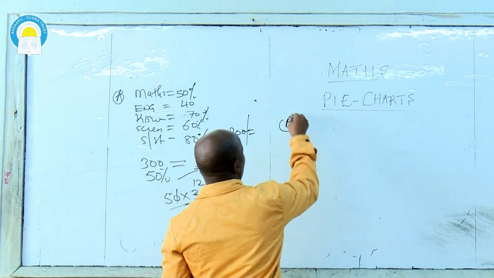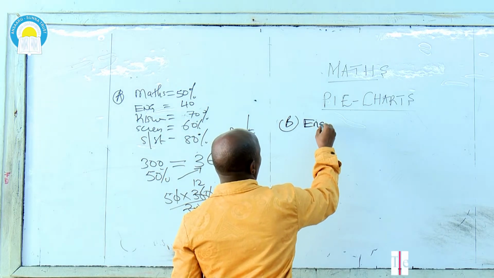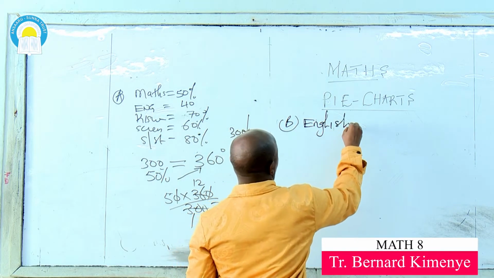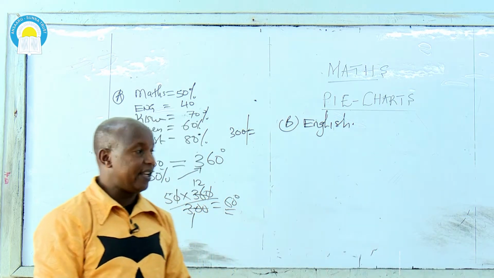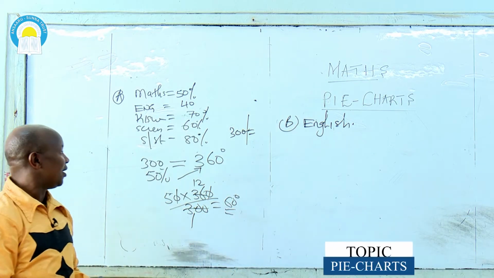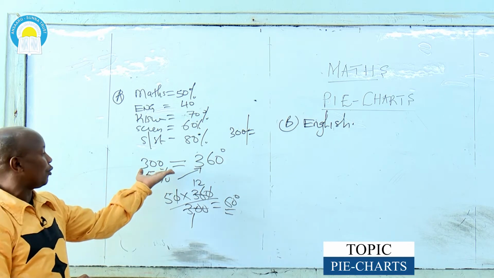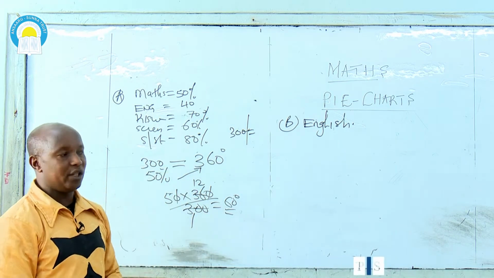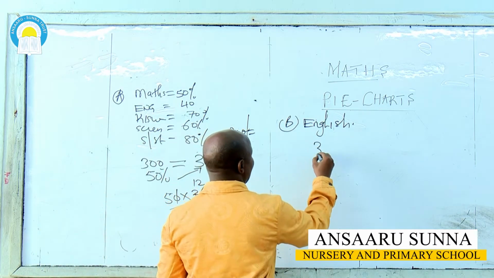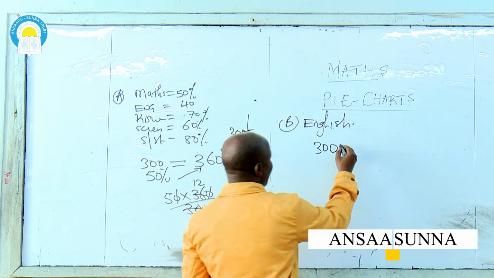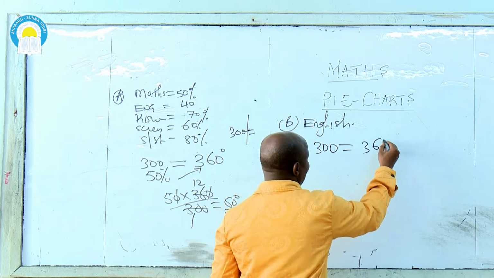If a pie chart will be drawn, what angle would represent English? This is the last example on that, so be very keen so that you understand. The same steps that we used to solve the problem, we are going to use again. In my case here, 300, the total marks, is equivalent to 360 degrees.